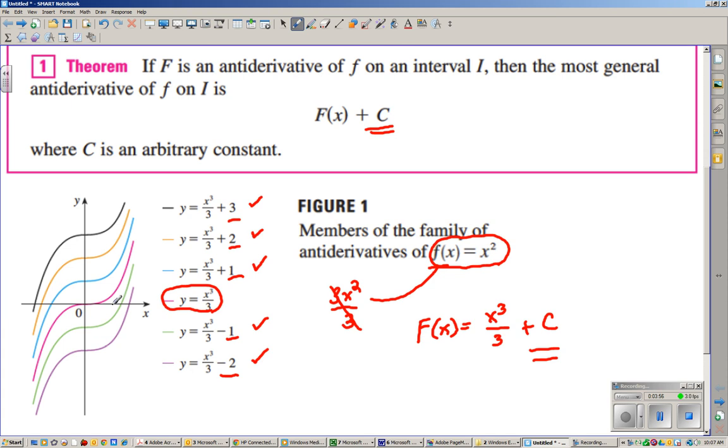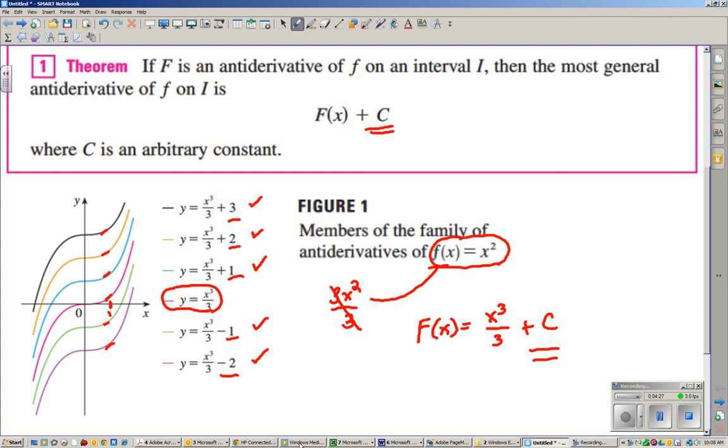For instance, if we go out 1 unit, it doesn't matter which curve we're on. If we're talking about its direction or derivative, each one is pointed in the exact same direction at that moment. They all have a slope of approximately or exactly 1.